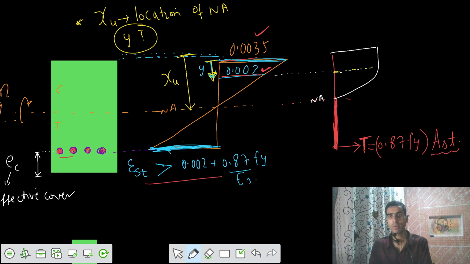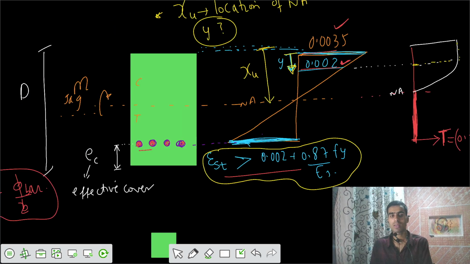We want to see up to what depth your stress block is having constant stress. After that, one more thing is that we need to get the strain in the steel versus overall depth. We want to see if any relation is there. So that's your third task.